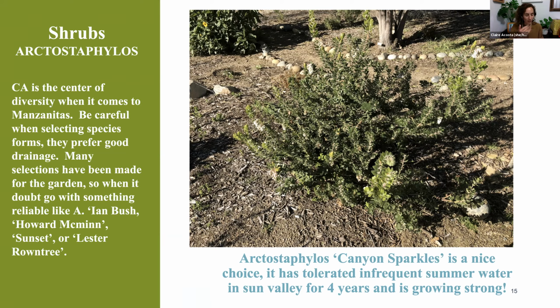There are some other ones listed here, like Ian Bush and Lester Roundtree. But in general, they always prefer good drainage. They don't like wet feet. Like I was saying, summer watering can be risky because you can create fungal conditions in the soil. So that's just something to be aware of.